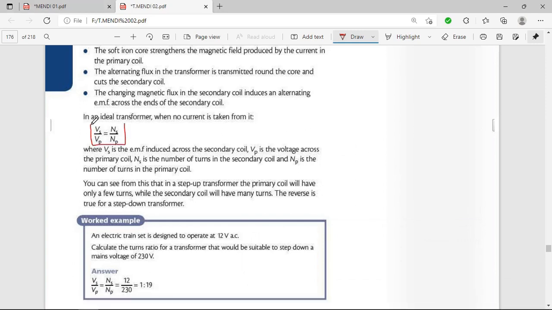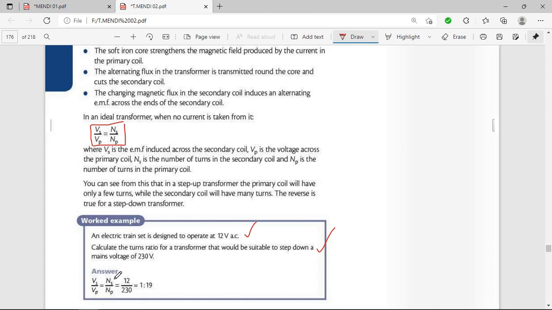Let's look at an example where it's saying an electric train is designed to operate at 12 volts AC. Calculate the turns ratio for a transformer to be suitable to step down a mains voltage. So here we have the voltage in the secondary divided by the voltage in the primary.